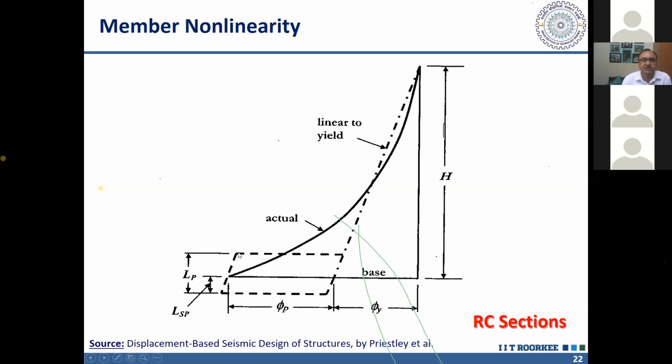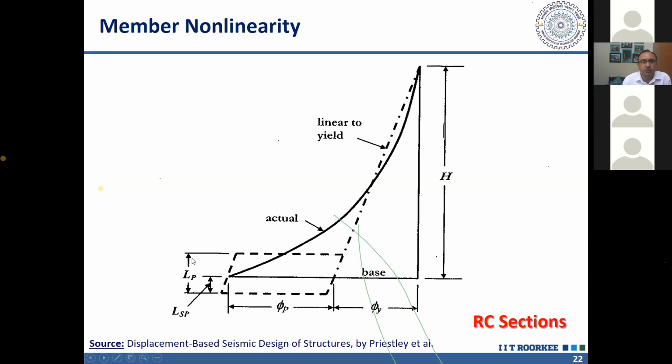And this total length we call plastic hinge length. Now you can see that this plastic hinge length is not obtained by equating the area, because the area of the curvature diagram, that is the first integral, is giving us slope. But we are not interested in slope, we are interested in displacement.